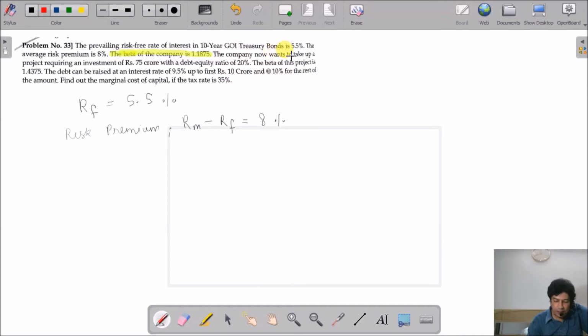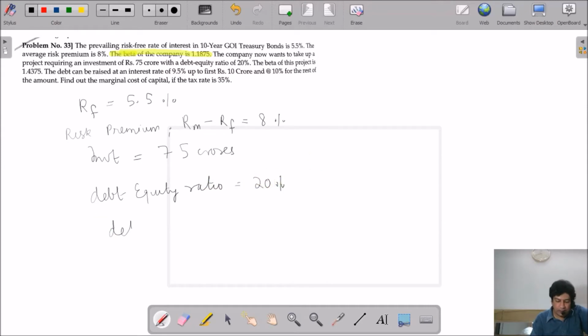Now the company wants to take up a project which requires an investment of 75 crores. So we have to start a new project, and we require funds to the extent of 75 crores with a debt equity ratio of 20%. What they have given is the debt to equity ratio, and this is 20%.